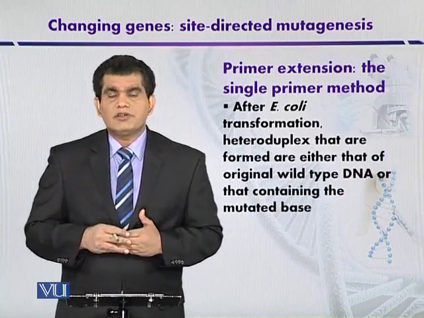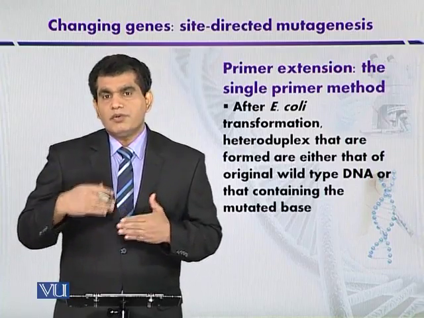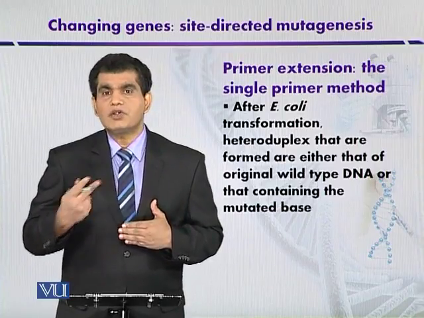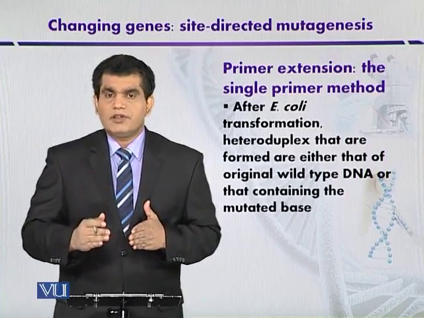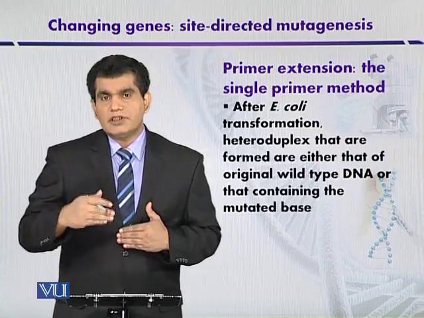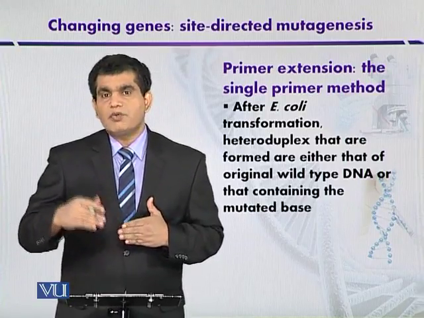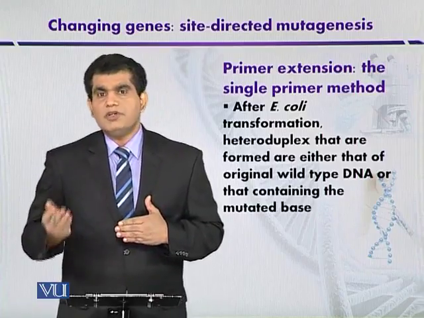After transformation of the host organisms like E. coli, the progeny cells will divide, and two types of heteroduplex may be produced. Some of the progeny cells after division will retain the wild type gene sequence, whereas some progeny cells may contain the mutated or mismatched base.